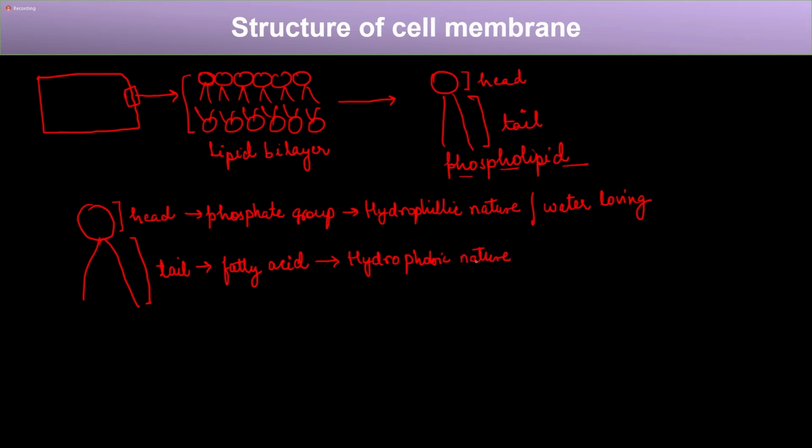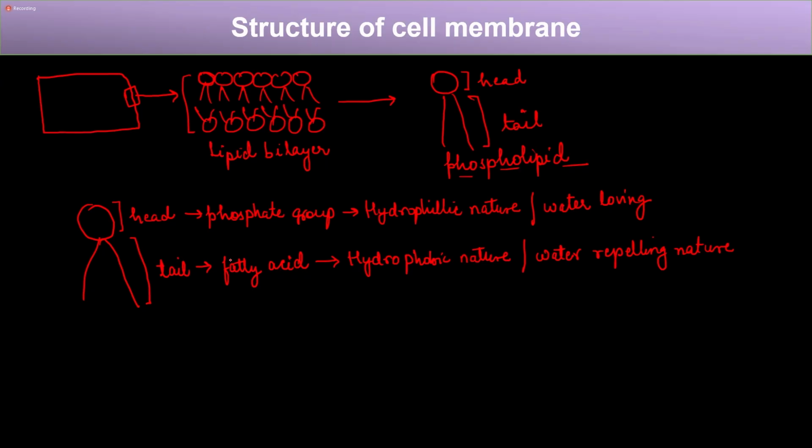And what do you understand by hydrophobic? Hydrophobic means water repelling in nature. It means they do not want to come in contact with water. They stay away from the water. So a phospholipid comprises two regions, a head that is hydrophilic in nature and a tail that is hydrophobic in nature.